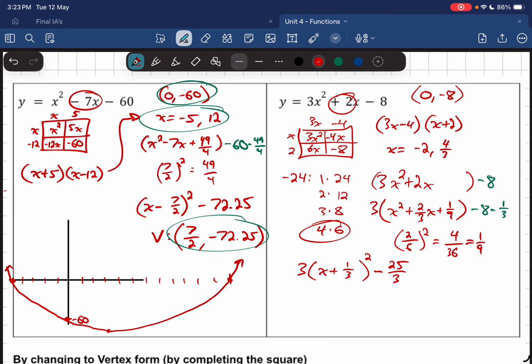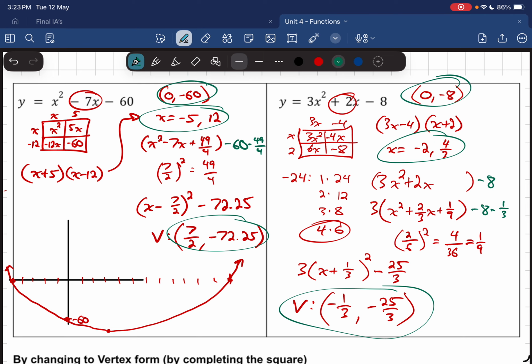Okay, so my vertex then would be negative 1/3, okay, because this is a positive, or plus 1/3. So that becomes negative 1/3, comma, negative 25 over 3. Okay, and then we could go ahead and sketch from there because I have my vertex, I've got my x-axis intercepts, and I have my y-axis intercepts as well.